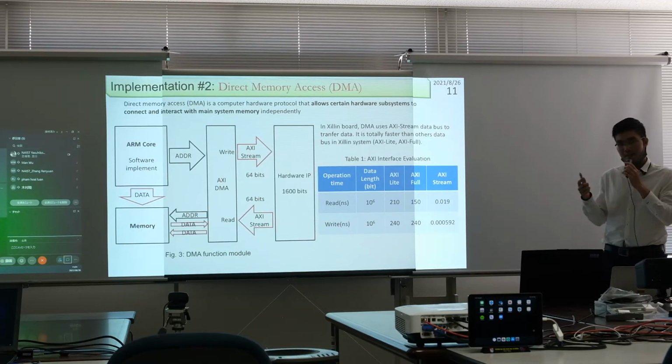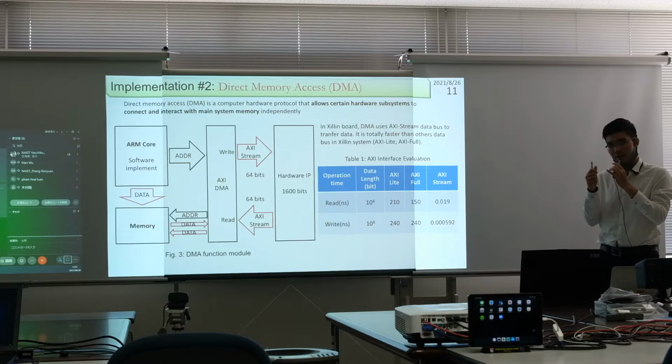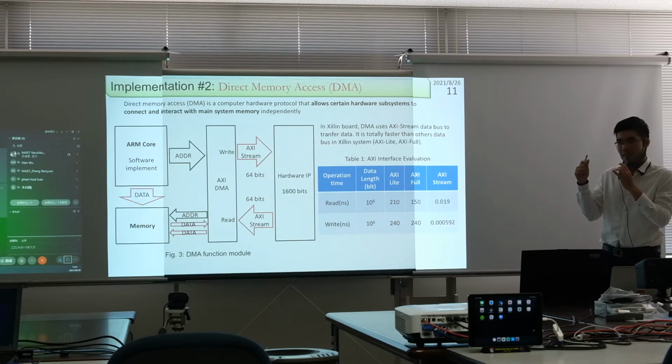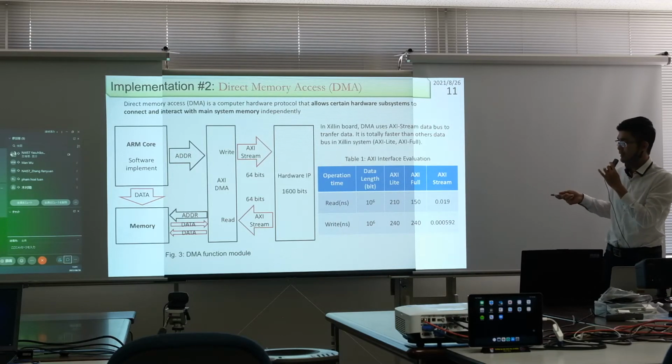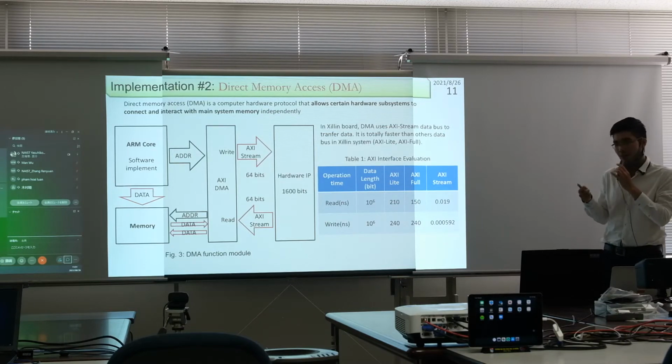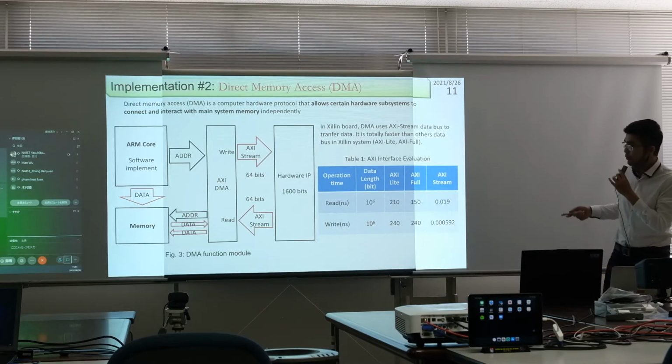And because software and hardware work together, you need a bridge between them to transfer the data from the software into the hardware. The DMA, which we call direct memory access, is one way. Normally, if a hardware IP tries to take data from the memory, it gets a command from the CPU, and the CPU gets the data from here and takes it to the hardware IP.